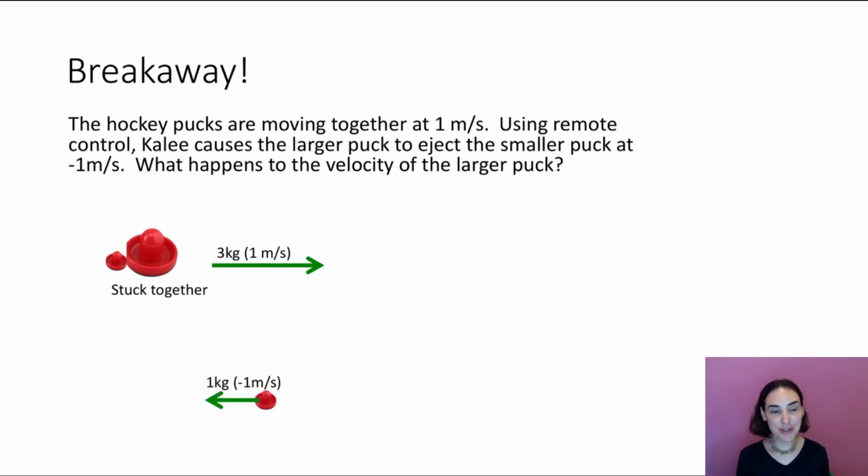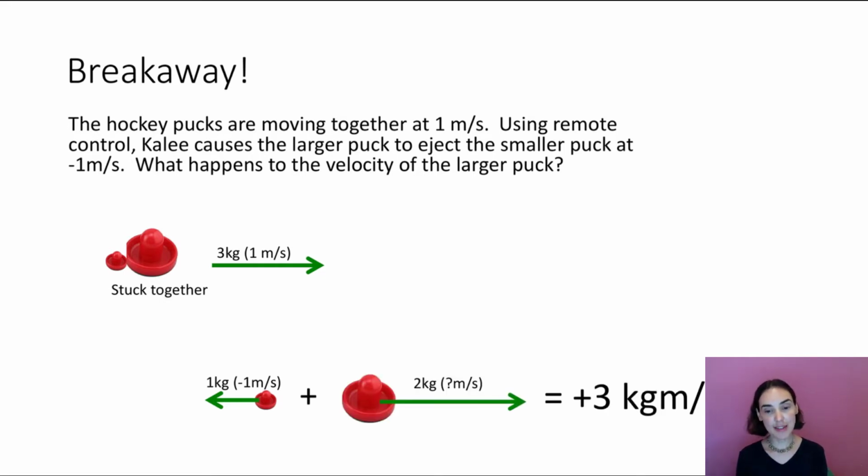So if the smaller one's going to be going to the left with magnitude 1, the bigger one had better be going to the right with magnitude 4. And so then, because it's 2 kilograms, I can solve for its velocity, and I get that the velocity of that larger puck must be 2 meters per second, just to make it add up.